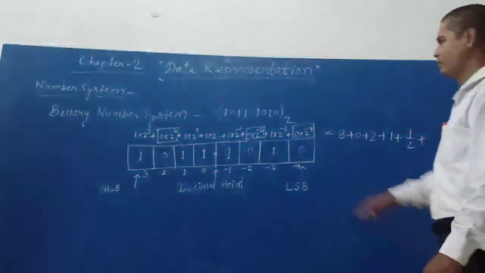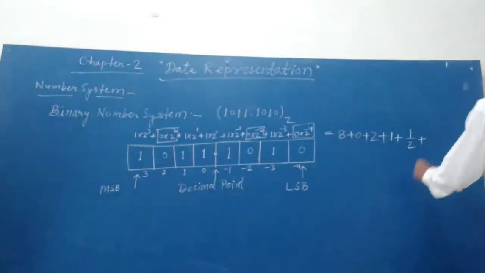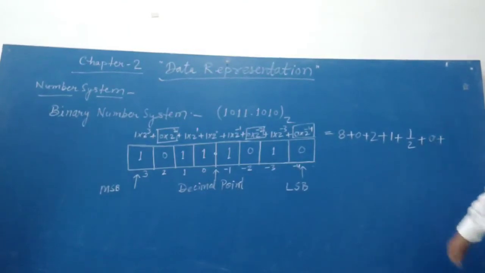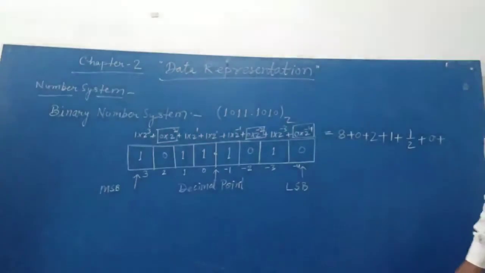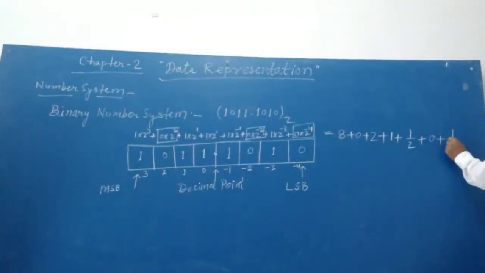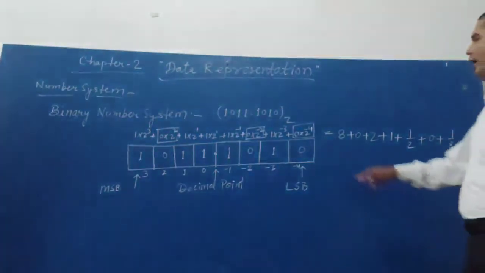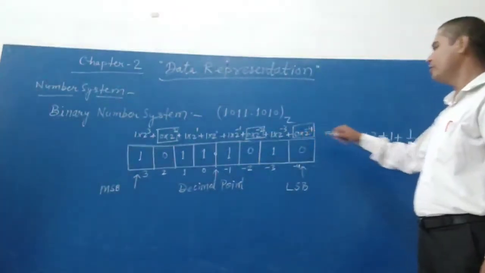Plus this will become 0, plus 1 into 2 to the power minus 3, which means 1 by 8. And this will become 0, since it is 0 into 2 to the power minus 4.